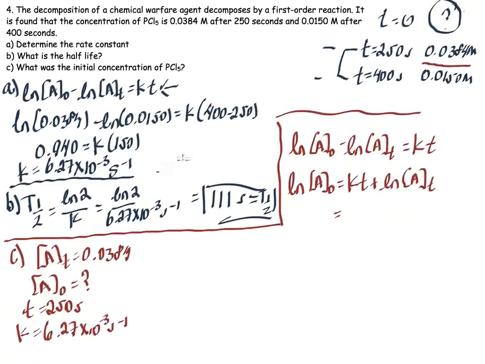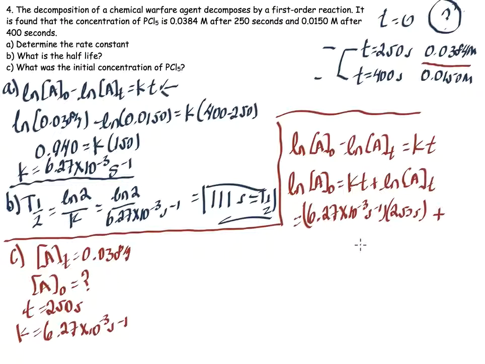So K is 6.27 times 10 to the minus 3. That's reciprocal seconds. And the experiment's 250 seconds between those two data.